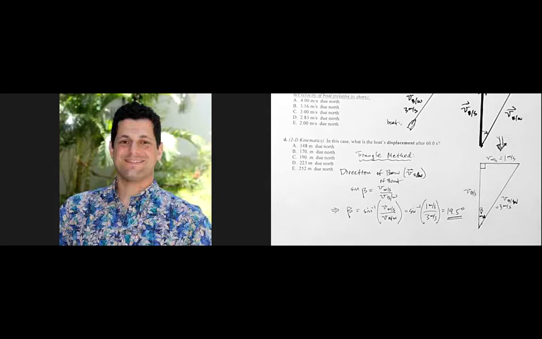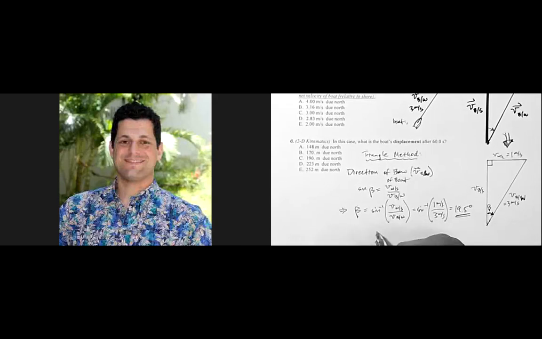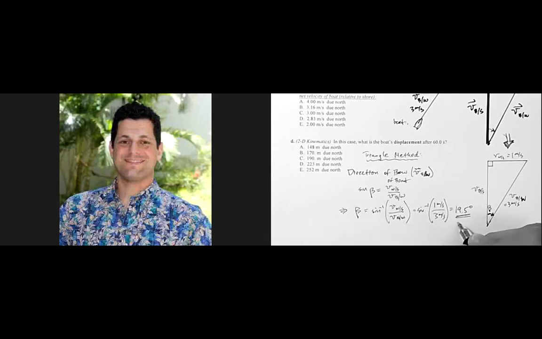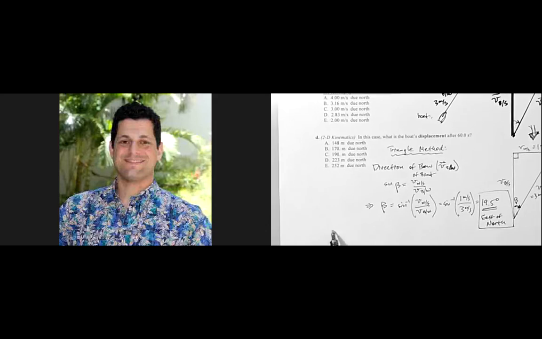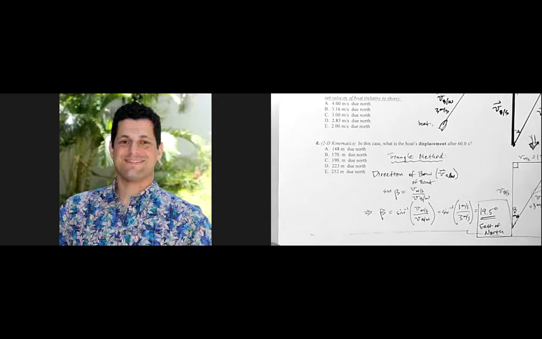These are not the same triangle. So just to be clear, that's 19.5 degrees east of north. And that's actually sort of a separate final answer. That's for this vector over here.